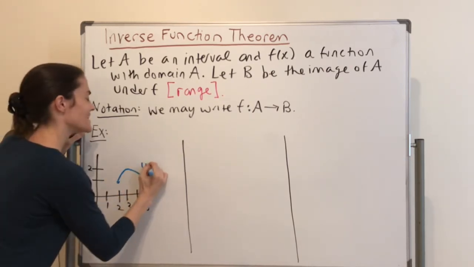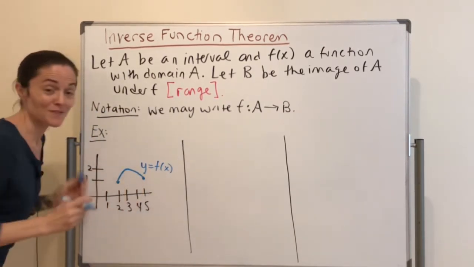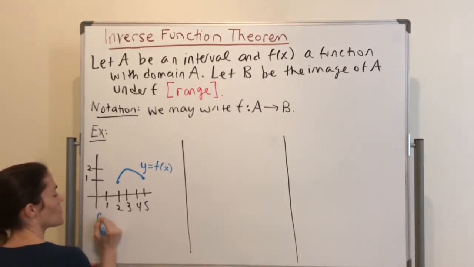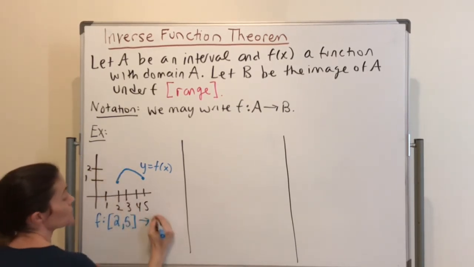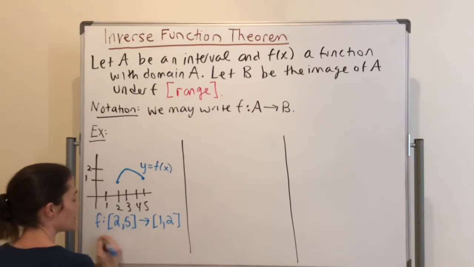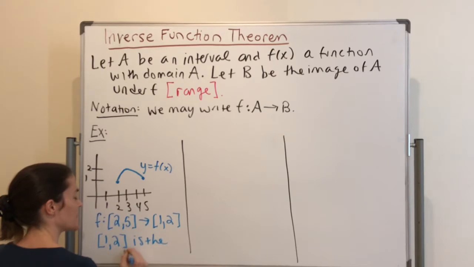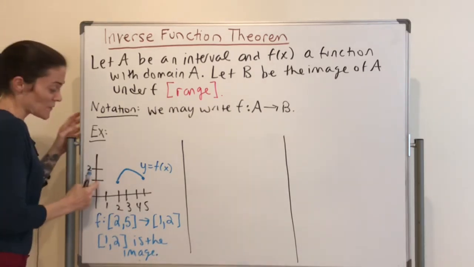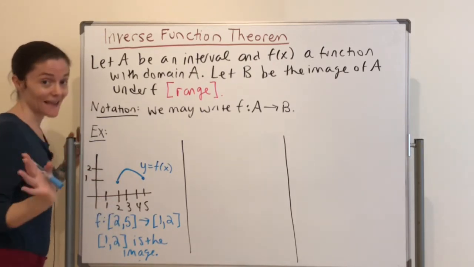So here's a function. What do we see here? The domain, at least what I've tried to graph, is the closed interval 2 to 5, and this maps to the closed interval 1 to 2. And in fact, 1 to 2 is the image, because this is where the y values land.